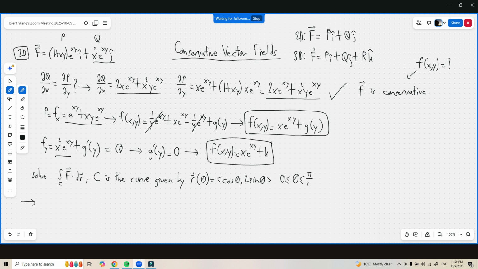Well, we know that F is conservative. We've already shown that this vector field is conservative.